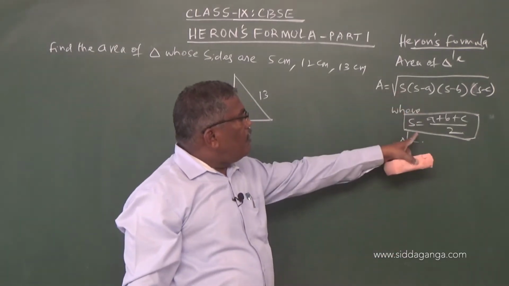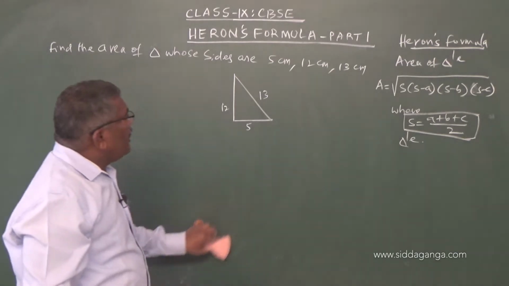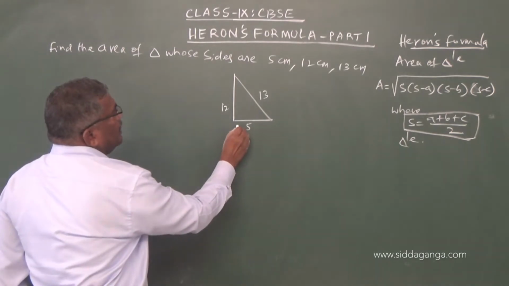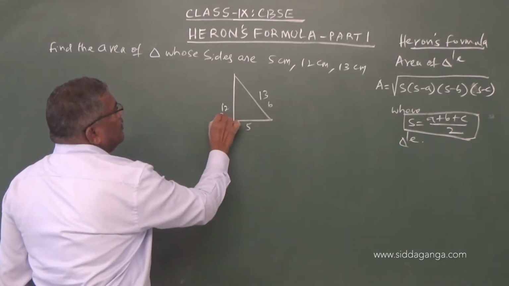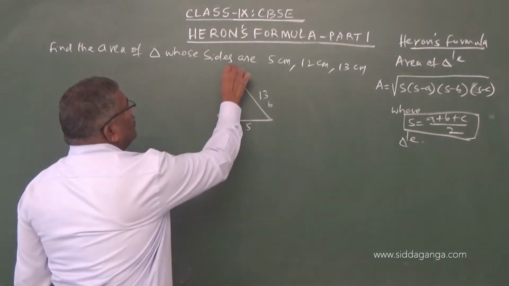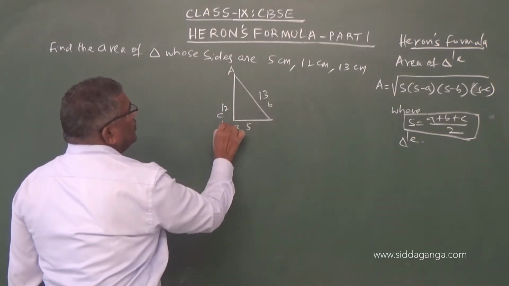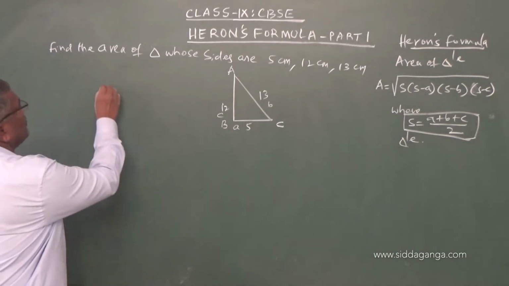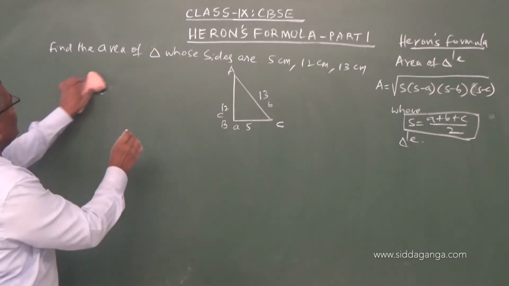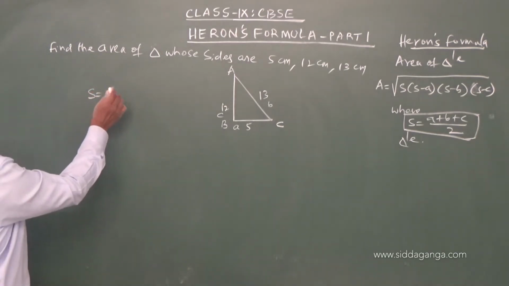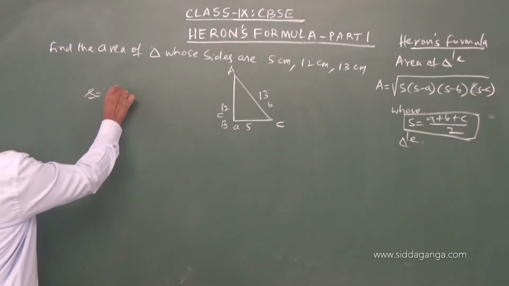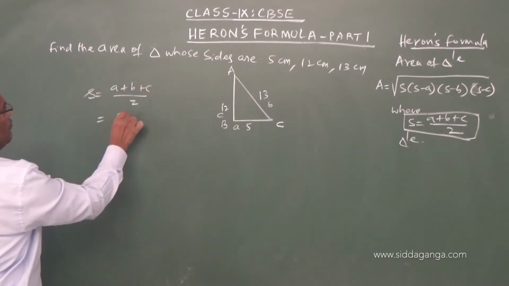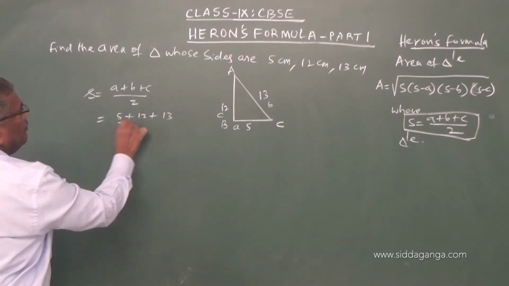To apply this formula, what we need is the semi-perimeter. First you calculate the semi-perimeter. You can call this side a, this b, this c, opposite to the vertices A, B, C. Now the semi-perimeter s is given by a plus b plus c divided by 2, that is 5 plus 12 plus 13 by 2.